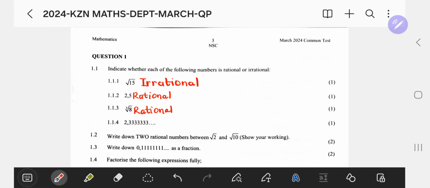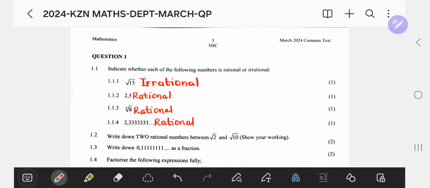So for 1.1.4, that is rational. And this is something that you actually learned how to do in grade 9, where you had recurring decimals, and you learned how to convert them to fractions. That's also something that is tested in grade 10, so we notice it here in 1.3. So I'll show you how we do that once we get there.